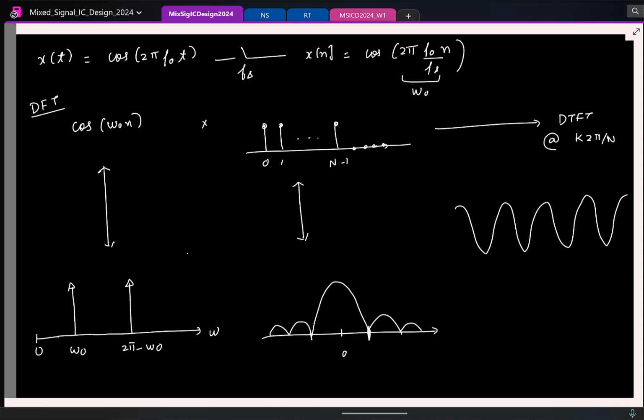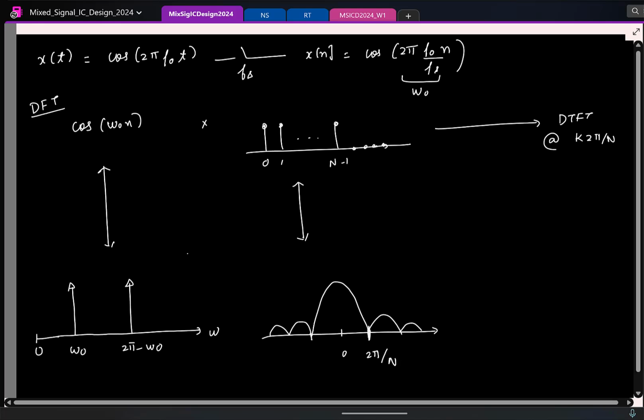What is the frequency which completes 1 cycle in n samples? 2 pi by n. 2 pi marks the end of one oscillation. Of course, you can also have 2 cycles, so that will be 4 pi by n.